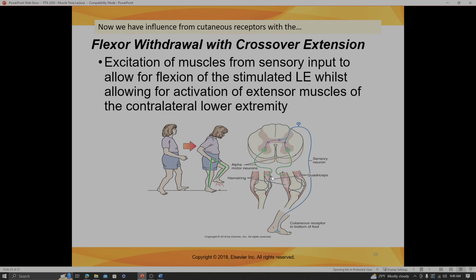We also get an excitation of the quadriceps on the contralateral side to stabilize us, because obviously if I don't have an extension moment on the contralateral side when I have a flexion moment, I'm going down, right? So I need an extension moment, which means activation of the quadriceps through these alpha motor neurons, telling me to extend the contralateral leg so I can flex the leg away from the painful stimulus.